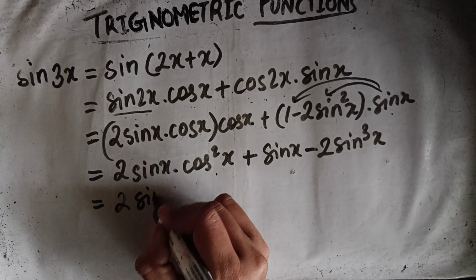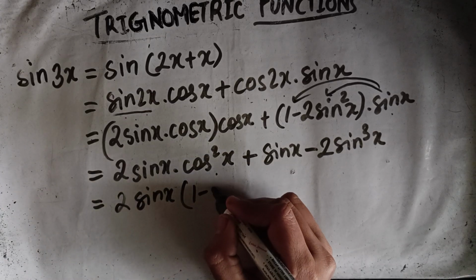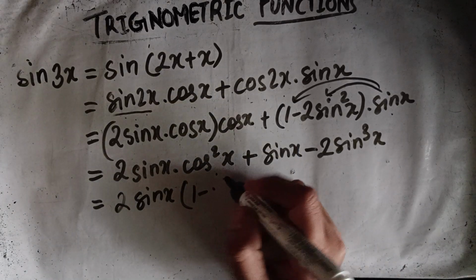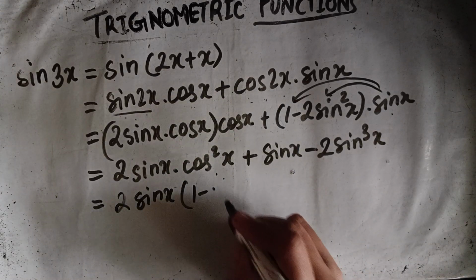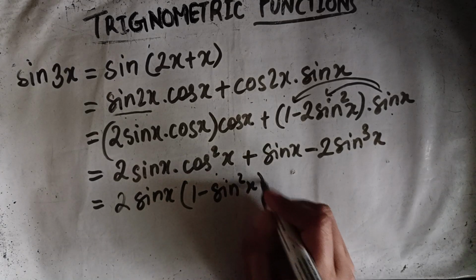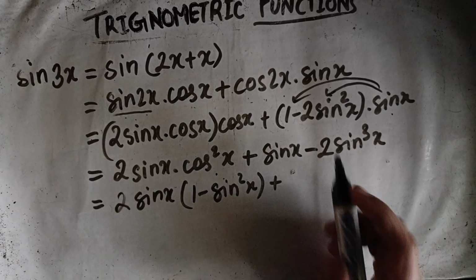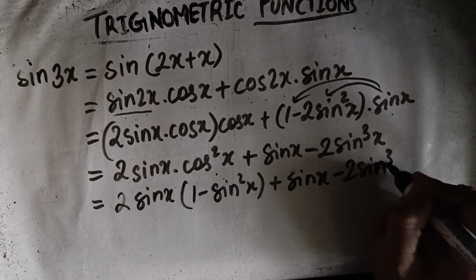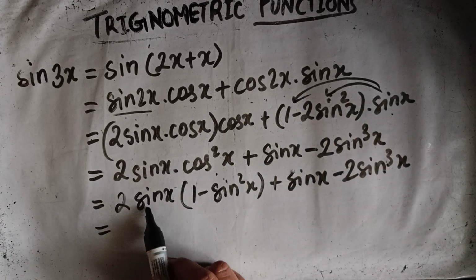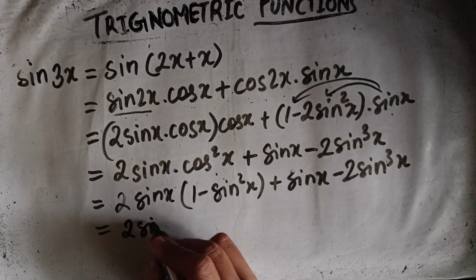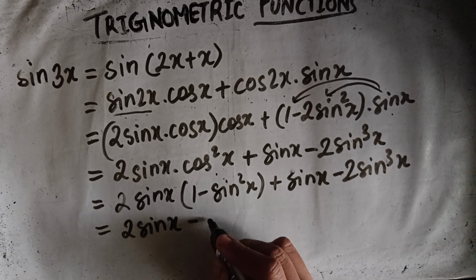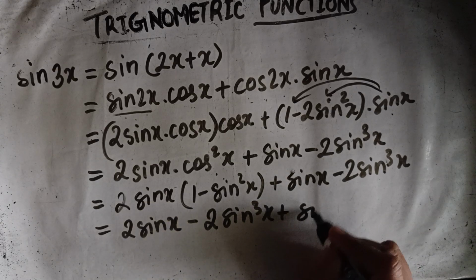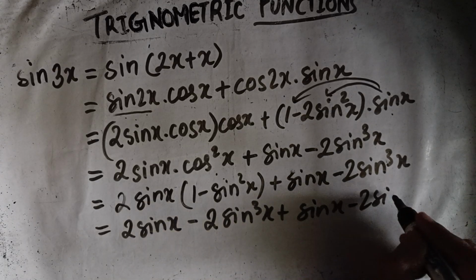You can write it again as 1 minus sin square x, using our first identity sin square x plus cos square x equals 1. We are converting all the cos because we want the answer in terms of sin. So again multiplying inside, you will get 2 sin x minus 2 sin cube x plus sin x minus 2 sin cube x.